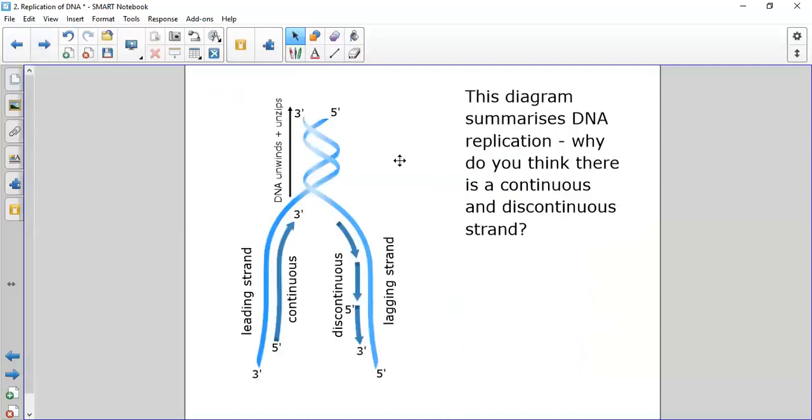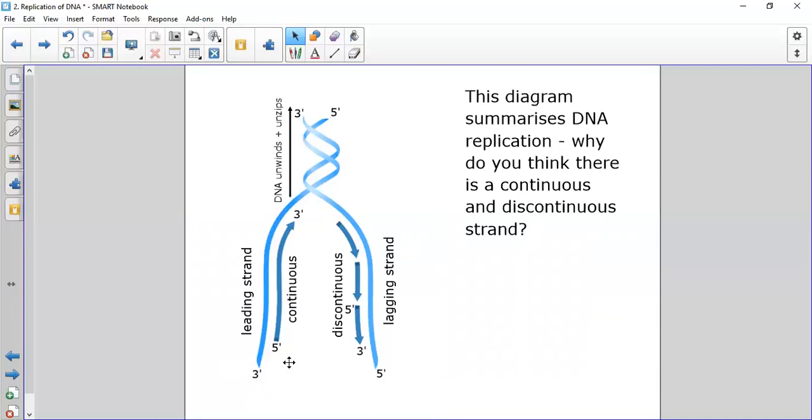Right, so here we've got a really simplified diagram of DNA. So if we say this is our 3' end here and we follow that up, then we're going to go to 5, obviously. And if this is 5 down here, then hopefully when we follow it, we go to 3. Okay. So this picture is obviously not showing all the nucleotides, it's just showing a DNA as a line, but that's okay.